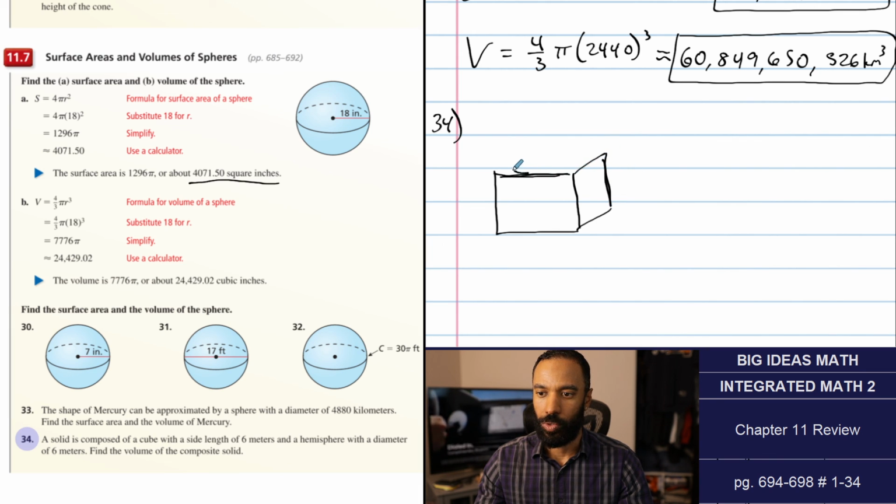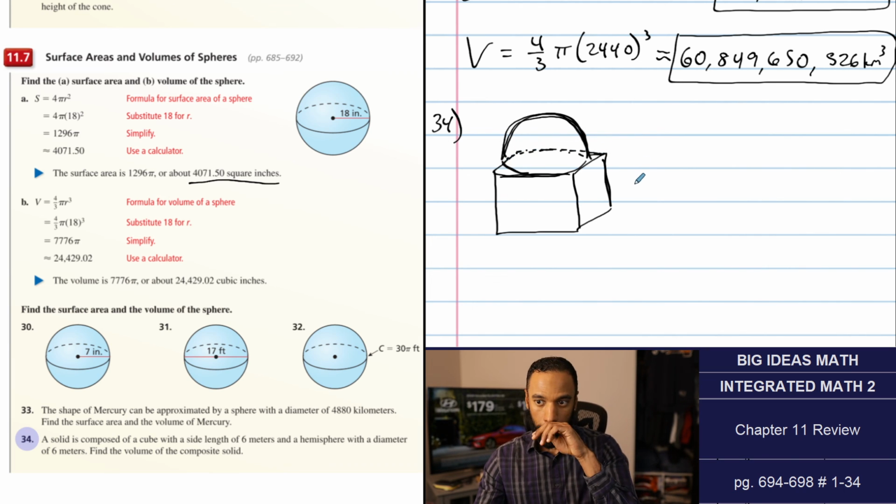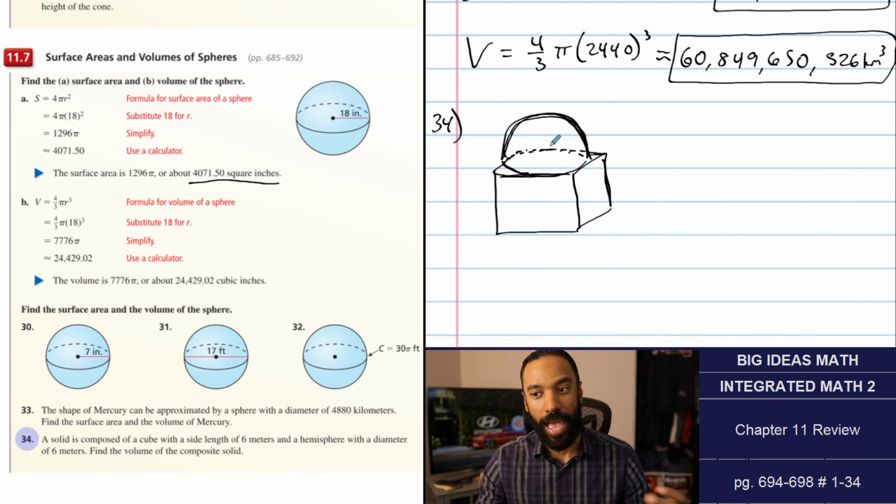So I'm going to try and draw this best as I can because I'm not good at this stuff here. All right, that's the hemisphere in that this is broken up like that. So we have kind of this going on. Good enough. Okay. I got a cube and a hemisphere. All right.